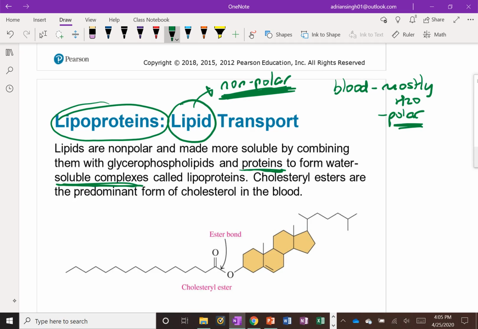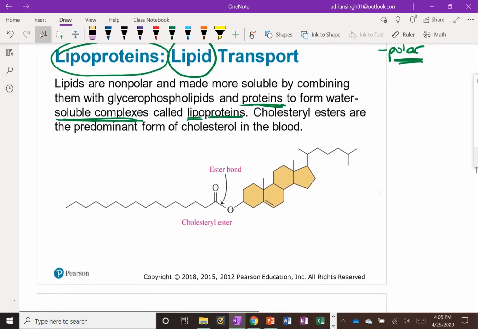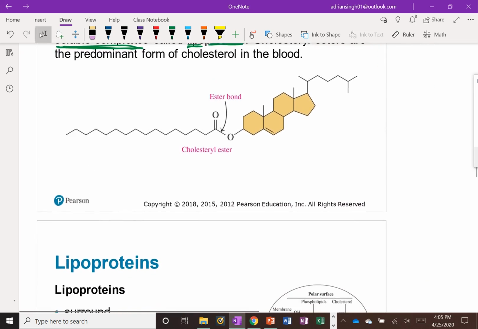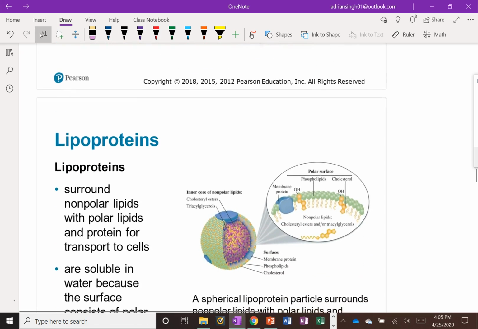It makes them more soluble in water, and now we're adding proteins to make them more soluble, so we call them lipoproteins, right? These are going to be the most dominant form of cholesterol in the blood. You're going to have this water-soluble form of cholesterol and other lipids in the bloodstream.